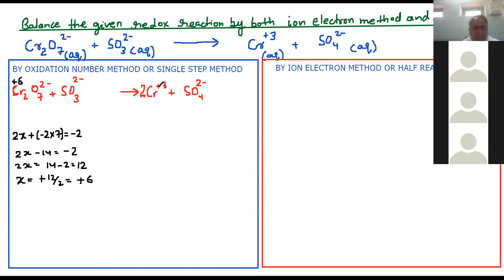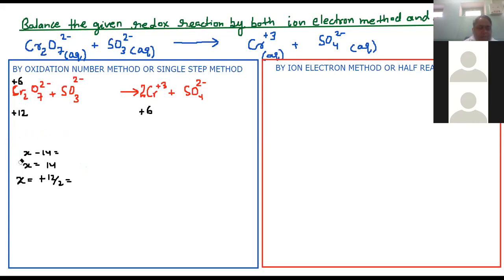And here already plus 3 is there. So how many charges are here? There are plus 12 charges, and here there are plus 6 charges. Now how many electrons gain and loss is taking place? From here to here, 6 electrons gain and loss is taking place. 6 electrons.